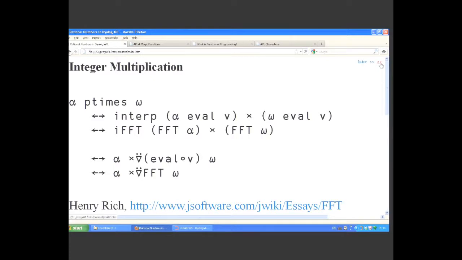So you do the fast Fourier transform, which again is just evaluating the polynomial on a known set of points. And then you do the fast Fourier transform on the other polynomial, multiply them together, and apply the inverse fast Fourier transform to get the answer.